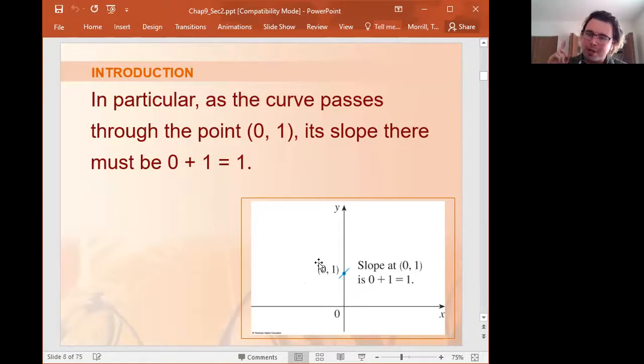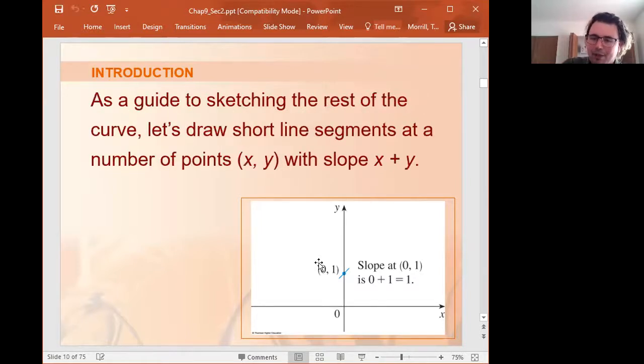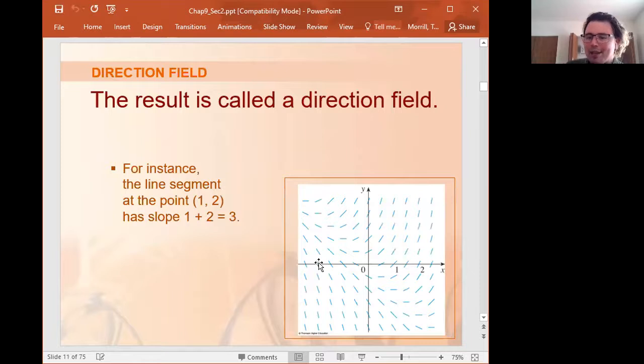So we're going to use a tool, which is a different way of graphing information. So what we're going to do is we're going to record the slope the solution curve should have at a whole bunch of different x and y coordinates. And that'll look something like this.